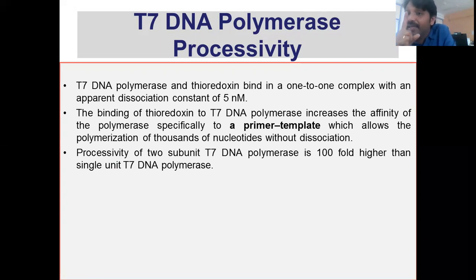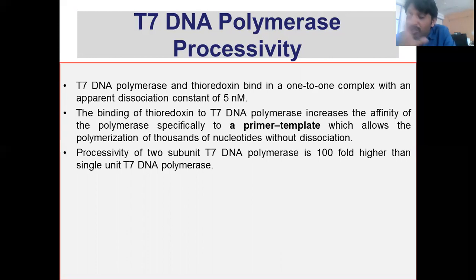The single-subunit T7 DNA polymerase can add 1 to 50 nucleotides per association or dissociation, you could say. But at the same time, T7 DNA polymerase and thioredoxin, that's a two-subunit complex, can add 300 to 1000 nucleotides per dissociation from the template and primer complex.